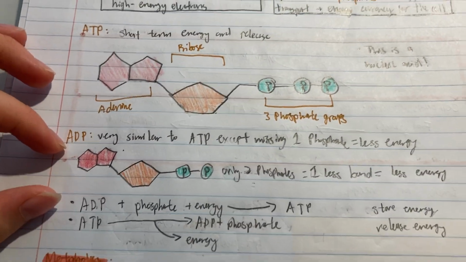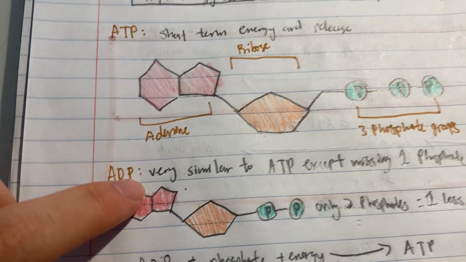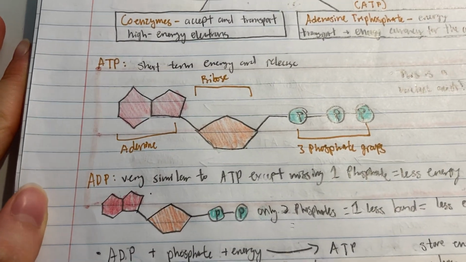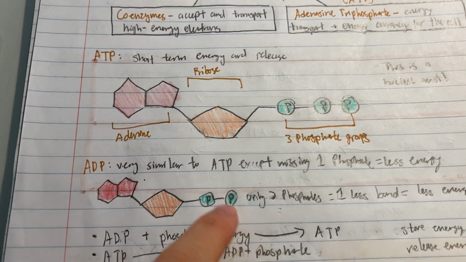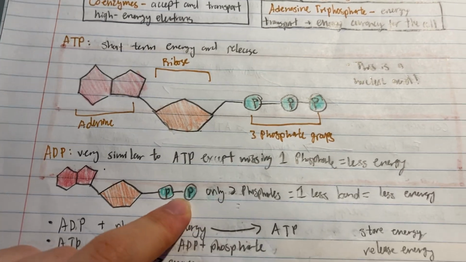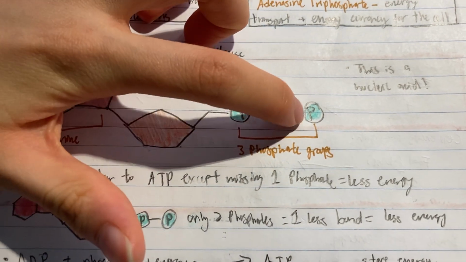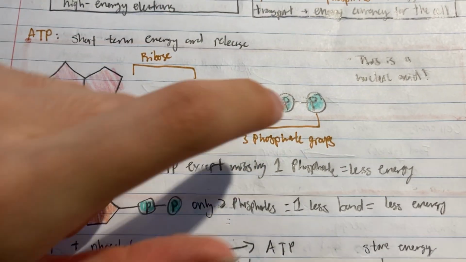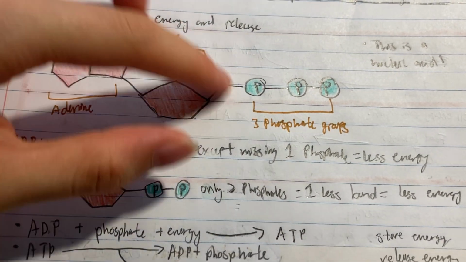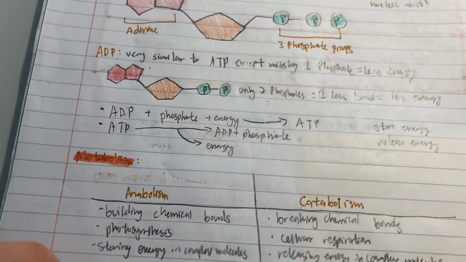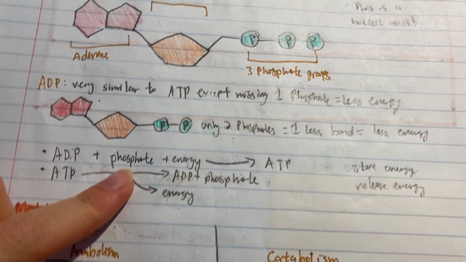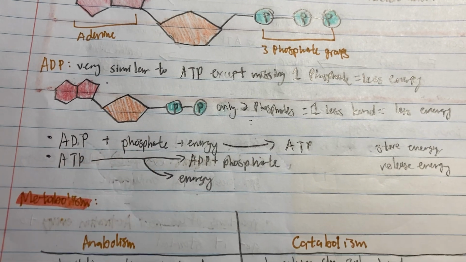And then we have ADP. ADP is really similar to ATP, except it has 1 less phosphate. And since these bonds hold energy and there's 1 less bond, that means there's less energy in this compared to this. Okay. And then these are some chemical reactions that can make ATP.